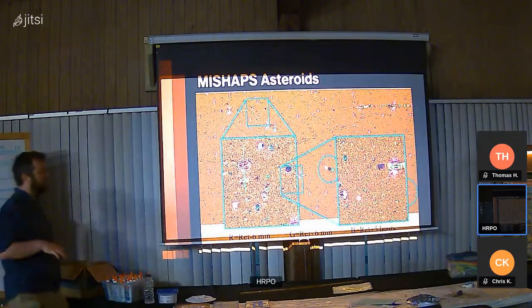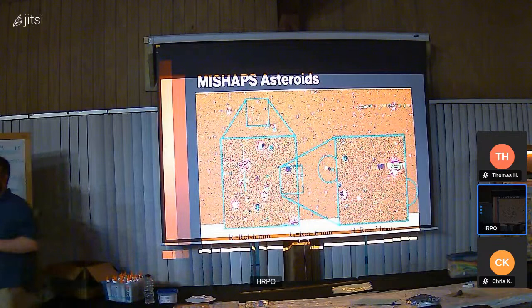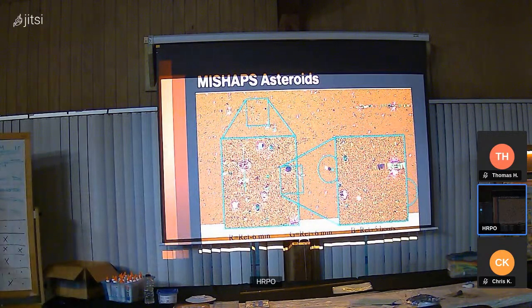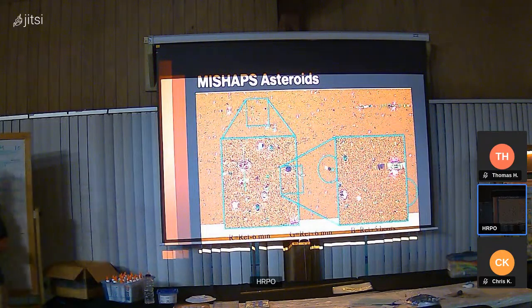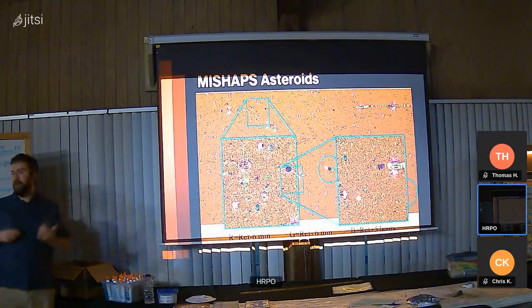We submitted hundreds of measurements to the Minor Planet Center. 4 of those have resulted in new asteroid designations, so not discoveries, because that process is very complicated and requires the asteroid to be observed over several orbits, which takes a long time.